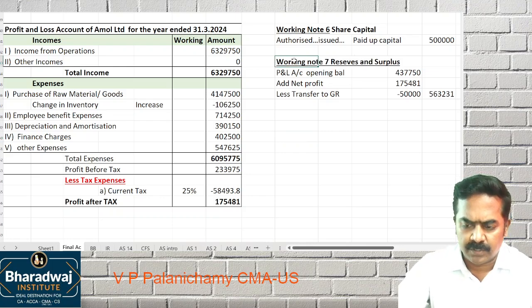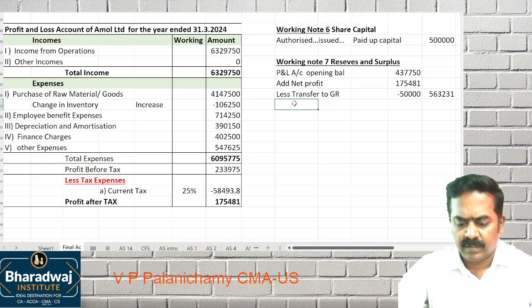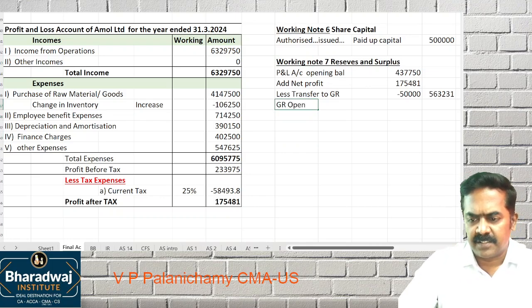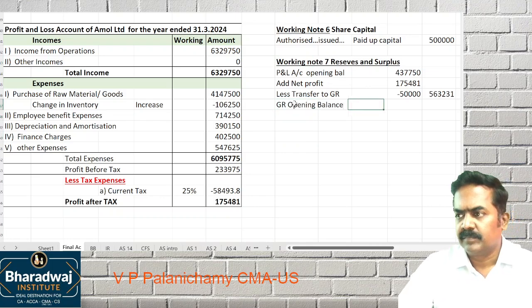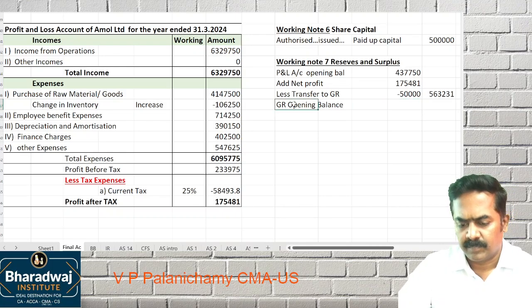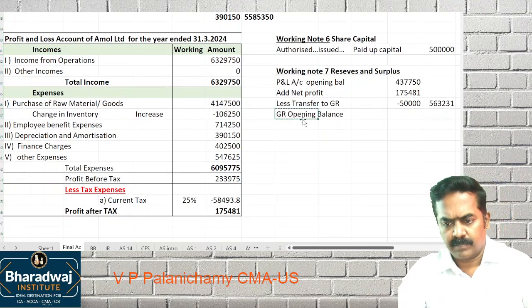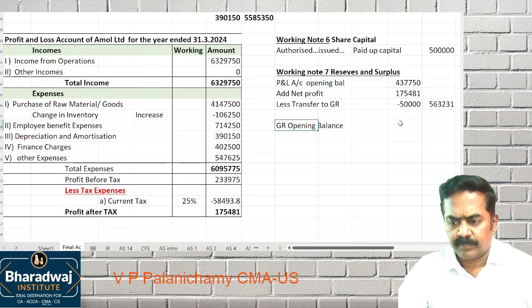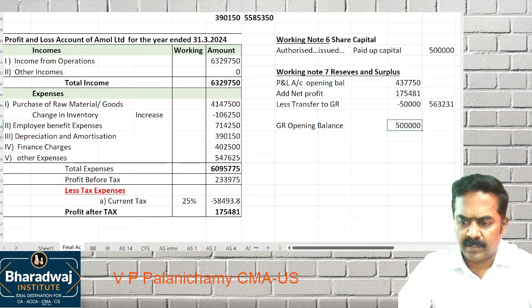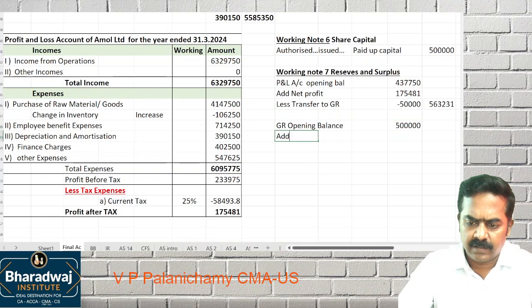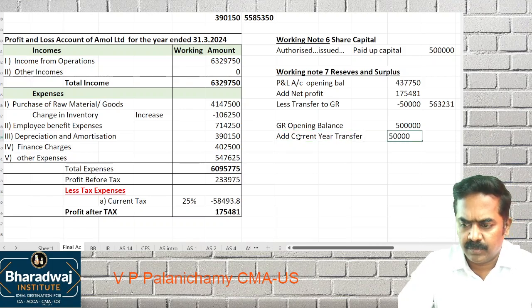So this is about reserves and surplus. General reserve, what is the opening balance given in the trial balance? Five lakhs is given in the trial balance. Add current year transfer, 50,000. So 5,50,000.